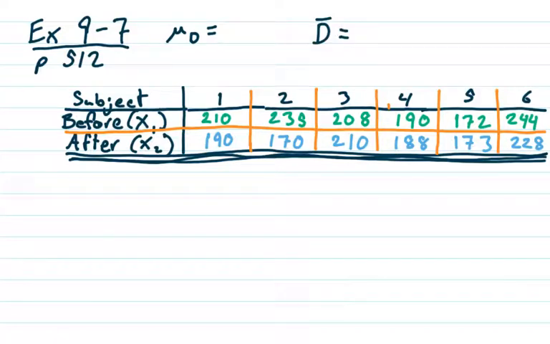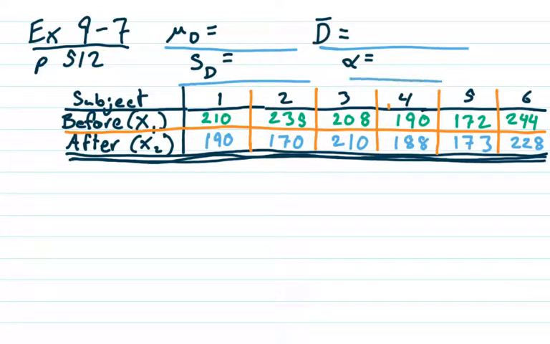And I'm going to make sure that I include all of that, and get what to put in for all of these different values. The only thing that we know so far is that alpha is 0.10. They've already given us the significance level with which to perform this hypothesis test.